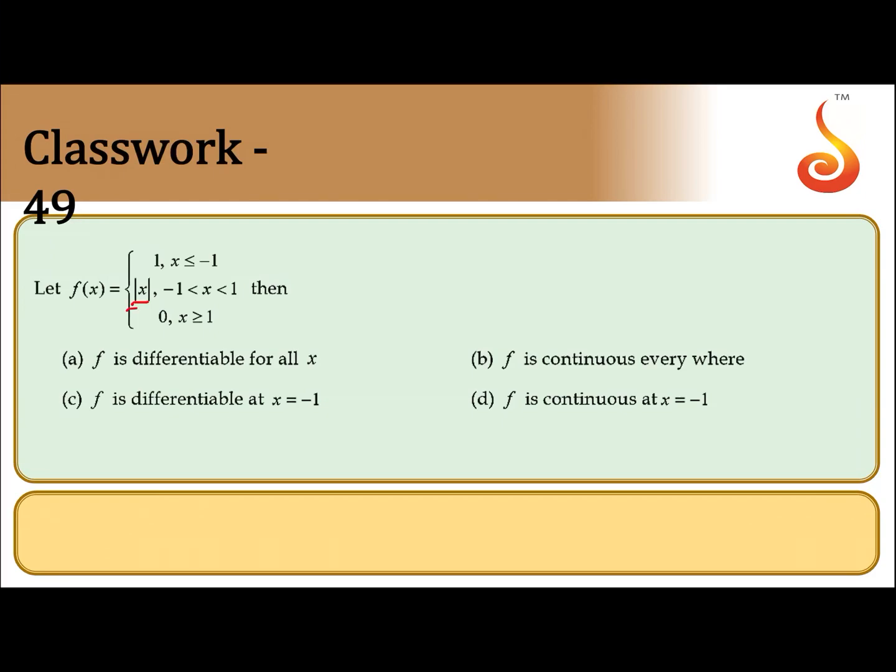Coming here, the modulus x. Clearly you can see that the modulus x is no doubt continuous but not differentiable at x equals 0. So therefore, f is differentiable for all x, I think the first option is wrong. F is continuous everywhere, yes, of course, it might be right. But when I take x equals 1, left of 1 it is 0, right of 1 it is 0.